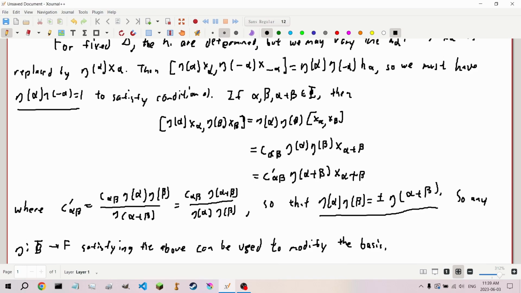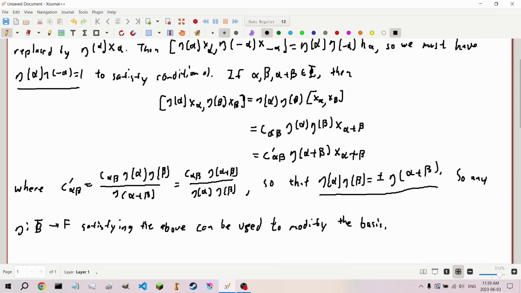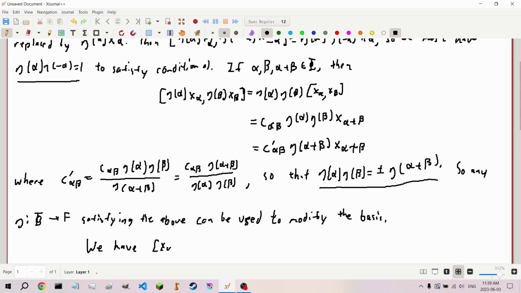Now, we also have to worry about signs, which is a little trickier. We have the bracket of x_alpha and x_beta being plus or minus (r plus 1) times x_alpha plus beta, where of course alpha and beta and their sum are all roots. The fact that this is ambiguous is very much a thing.